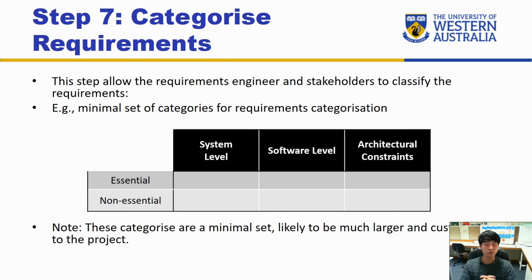And also it can specify the essentials and non-essentials at different levels to ensure that we can satisfy all the security goals that we have specified in step 2, right? So this table here is just a minimal set. You can always extend multiple columns as well.